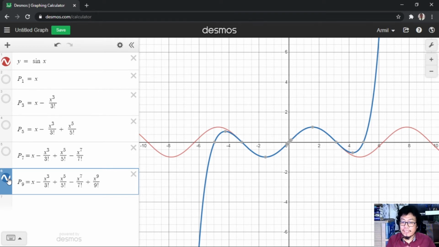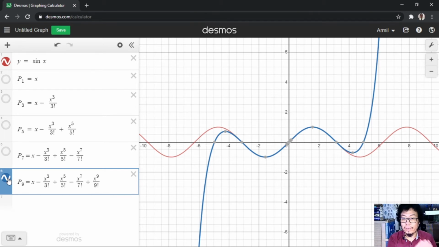That is the illustrative proof of the convergence, that your Maclaurin series would eventually converge to your sine function.